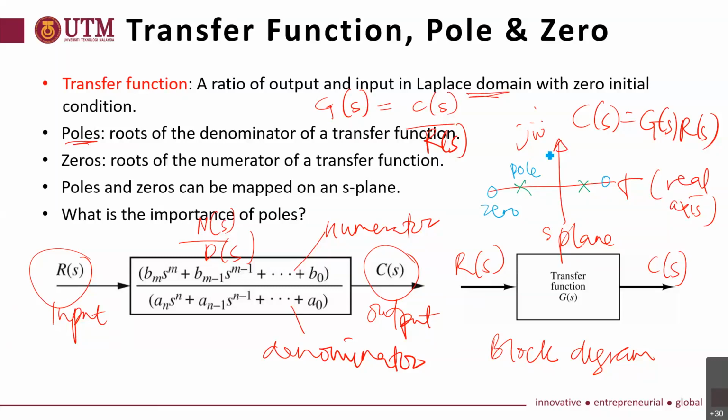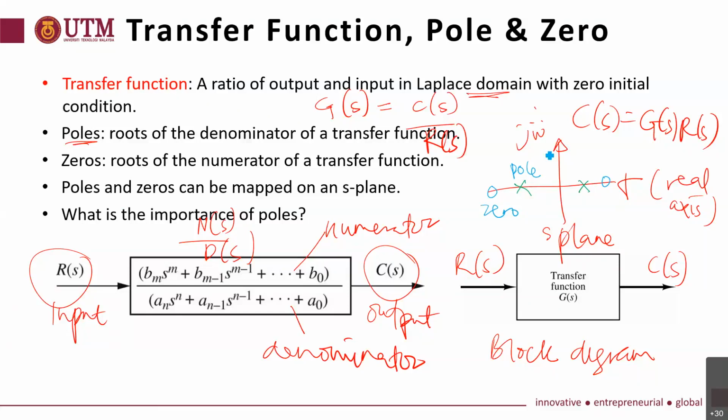Poles determine the behavior of the system besides stability. Poles can show underdamped, overdamped, critically damped, and so on. Poles can be used to calculate rise time, settling time, overshoot, damping ratio, all related to the location of the poles. Therefore, poles are very, very important in control system.